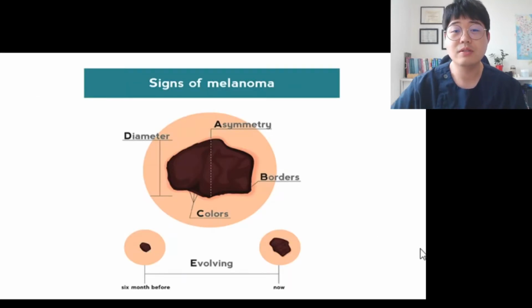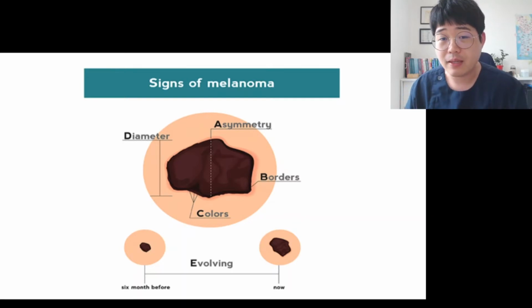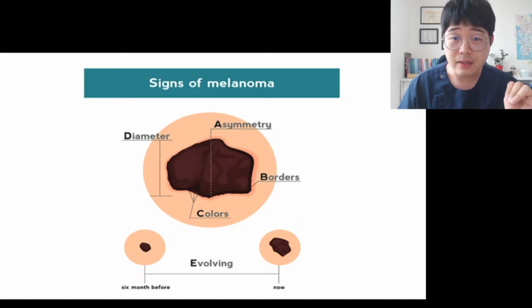For rationals, if you're preparing for NPTE, I am sure you might know the signs of melanoma. You might memorize all these things, the 5 things, A, B, C, D, E, right?